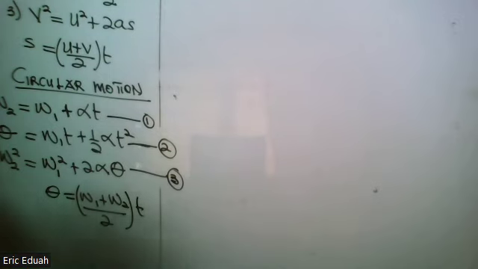The rim of a compact disc starts from rest, and after 30 seconds, attains an angular velocity of 6.6 revolutions per second.